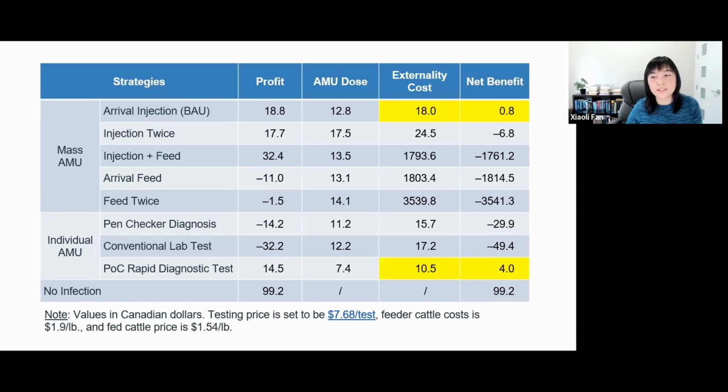And again, if antimicrobial resistance is gonna develop or get worse in the future, then maybe that strategy will also have negative net benefits. And that leaves the POC rapid diagnostic test as the one with the highest net benefit among the several strategies that we studied.